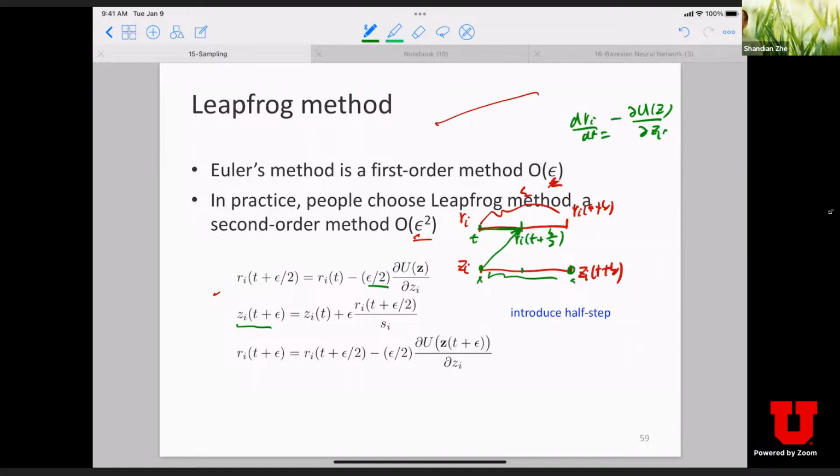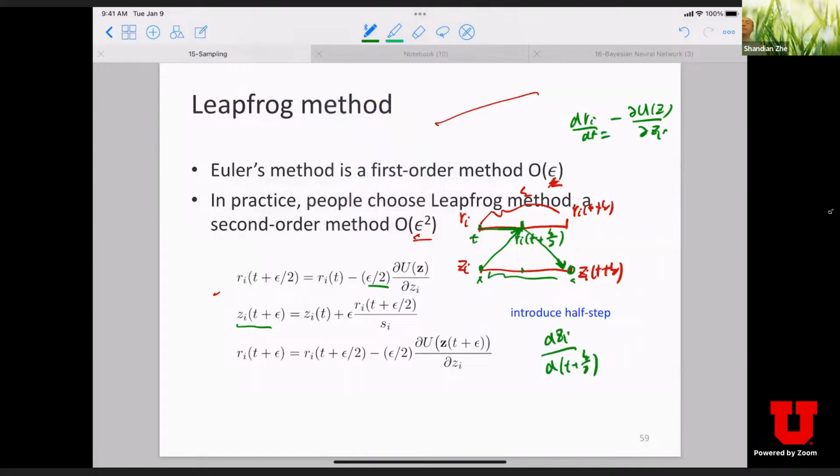This gradient in the middle, dRi over dt at t plus half epsilon, is computed based on Ri at t plus half epsilon. Thereby, we leverage the intermediate state we just computed for Ri to help us get to the target state of Zi, that is, Zi at t plus epsilon.